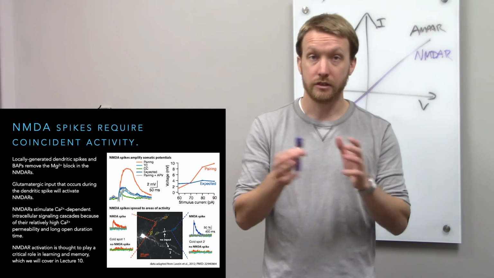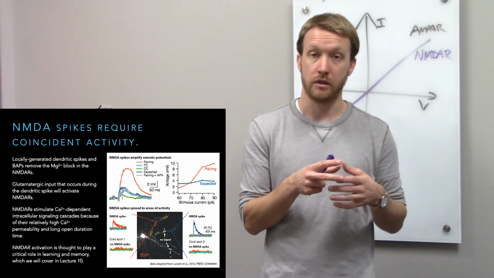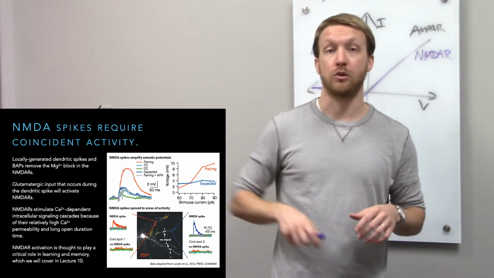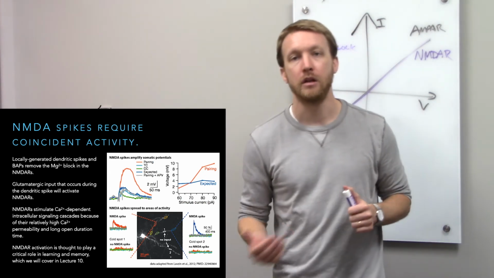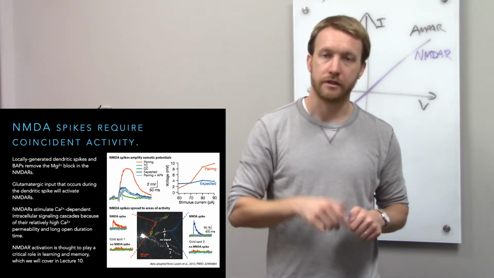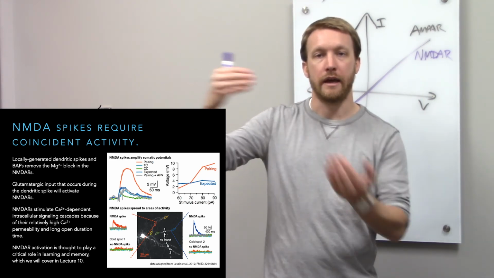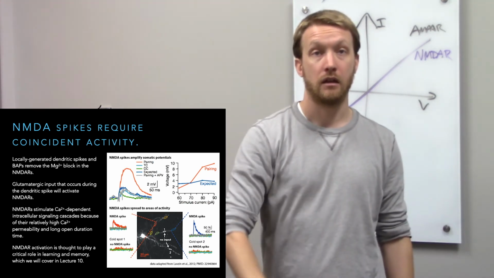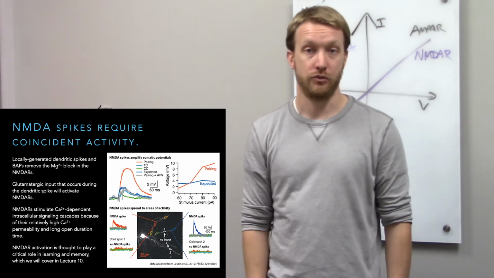So when we pair stimulation of thalamocortical and corticocortical inputs, we're getting coincident input onto this cortical neuron. So the neuron they're showing you there lives in the cortex, and it's going to have input from the thalamus and the cortex. So they can stimulate both sets of fibers to get coincident activation. And that's what you need to stimulate NMDA receptors. And when you do that, one and one is greater than 2.